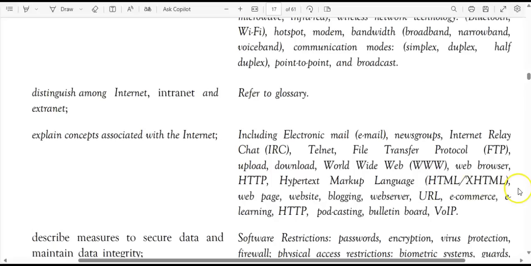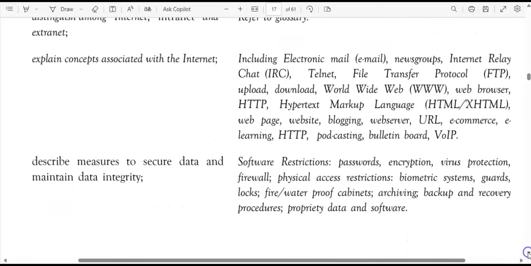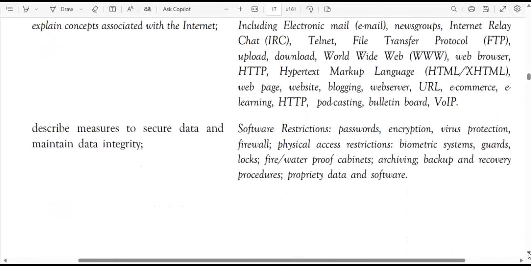All right, so the rest of the words maybe you are familiar with already, so we're going to move on. Describe measures to secure data and maintain data integrity. So some measures that are used to secure data and maintain data integrity are software restrictions.